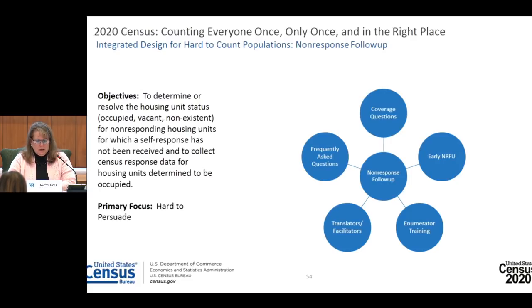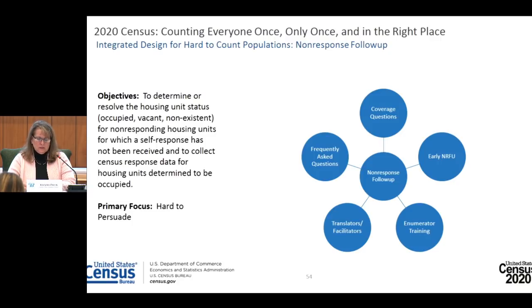As enumerators are making contact attempts in communities in which they work, they may encounter language barriers to completing an interview. When a language barrier is encountered, efforts will be made to identify an enumerator who speaks the non-English language of the respondents. If an enumerator with the needed language skills cannot be identified, we will engage the services of an interpreter or translator to facilitate the interview.